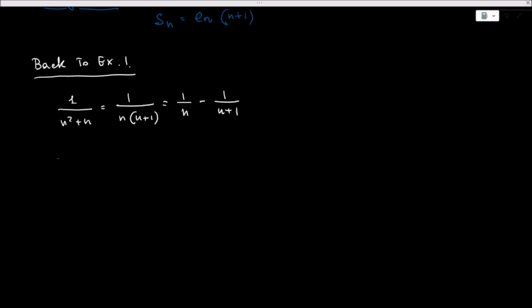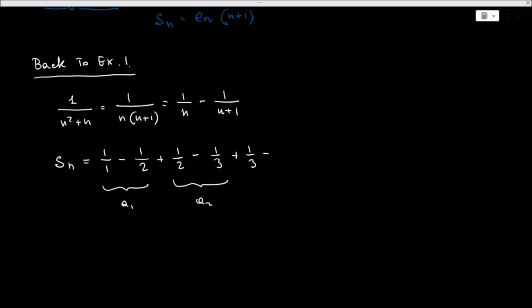So when we write Sn, for n equal 1, we have 1 over 1 minus 1 divided by 2. So this will be a1, plus a2, which becomes 1 over 2 minus 1 over 3. Then we have 1 over 3 minus 1 over 4, and so on and so forth.